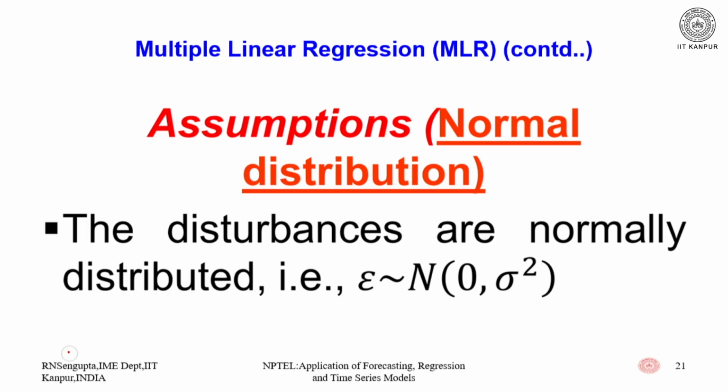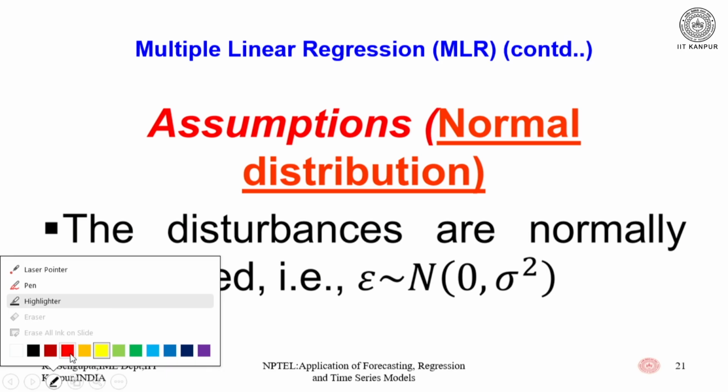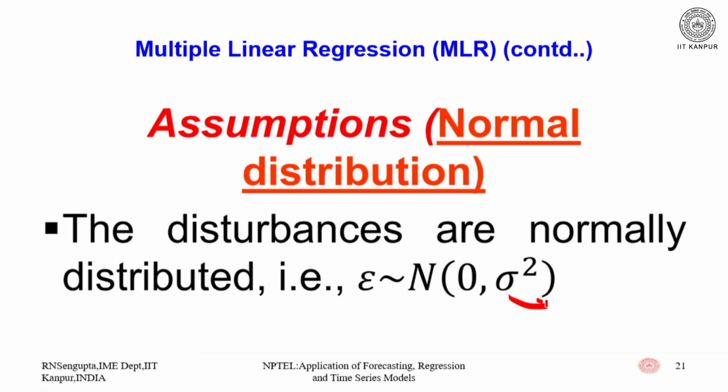Generally, for simplicity, we may take the variability not as sigma square, but as 1. In that case the error terms will have a normal distribution with 0 mean and 1 standard deviation, which is a standard normal deviate.